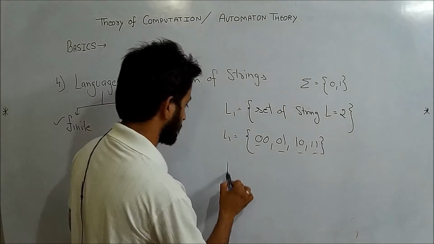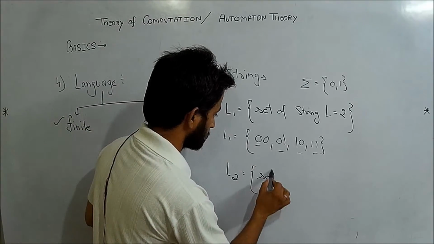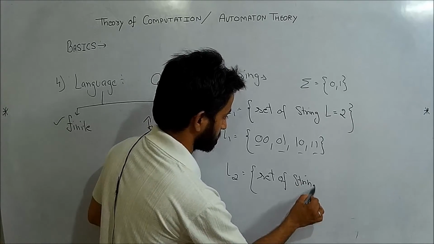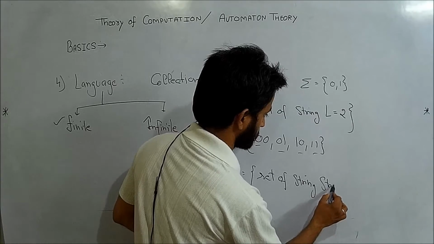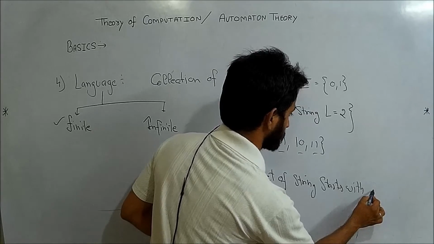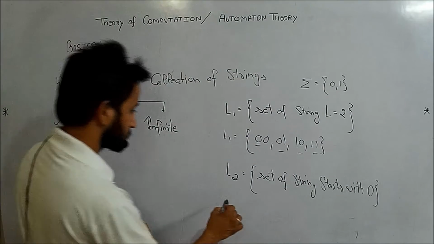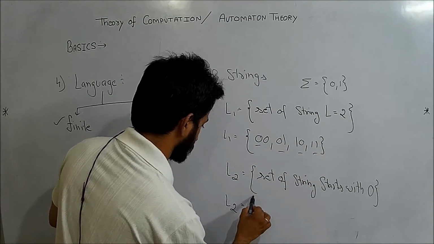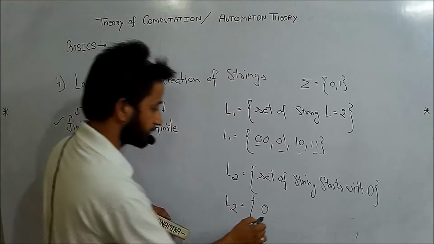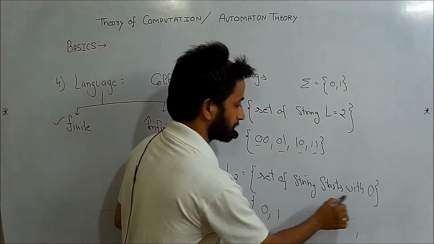And if I have a case where the set of strings starts with 0 over the alphabet 0 and 1, the possible strings are, first, 0. Next is 1, but 1 is not possible because it must start with 0.